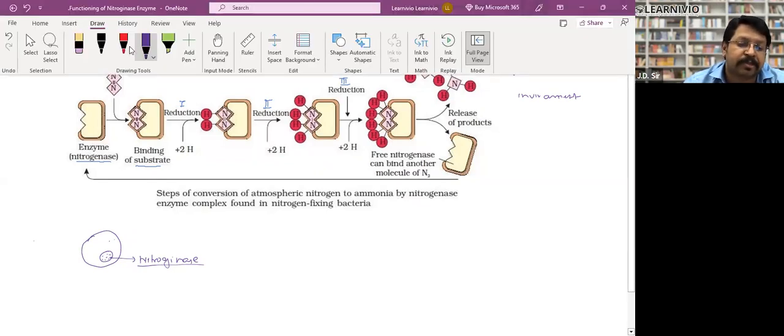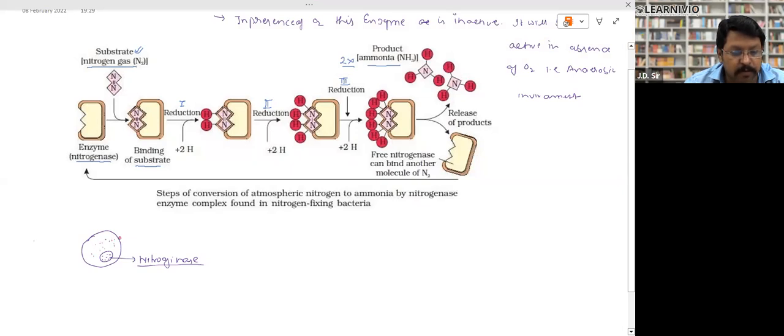So look, this is the root nodule, and there is a pink compound found in the nodule.